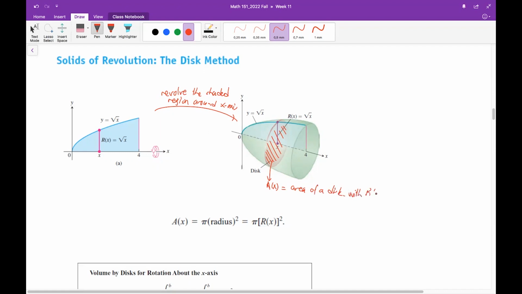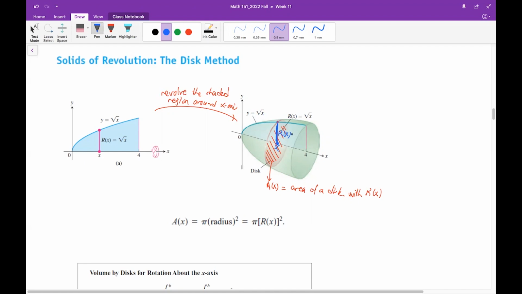Disk with this radius. Why is the radius r of x? Because you see this part is the radius of this disk, which is the cross-sectional area for this solid of revolution. Why does it depend on x? For any x point on your x coordinate, the radius is determined by the curve square root of x, right?